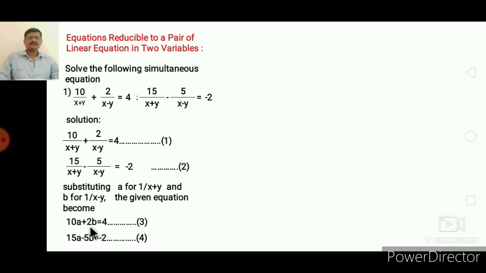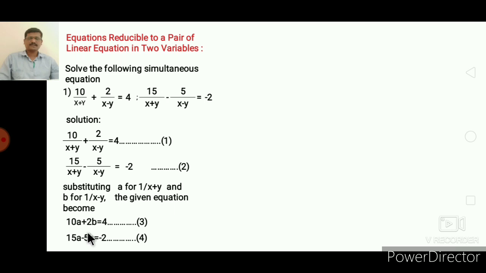Next step is to check the coefficient of each variable. In these two equations, both variables have different coefficients, therefore convert to an equal coefficient of any one variable.